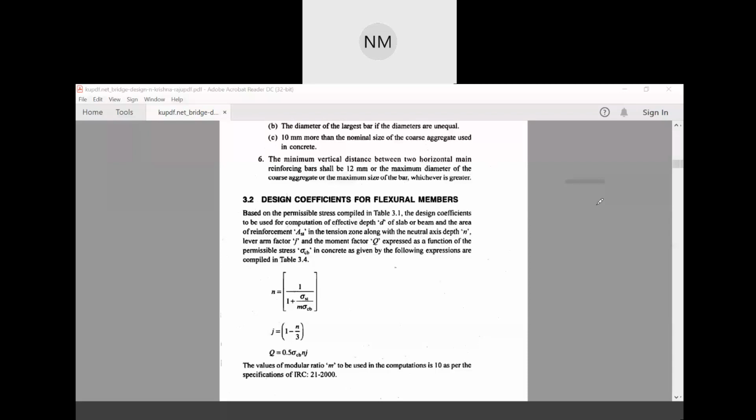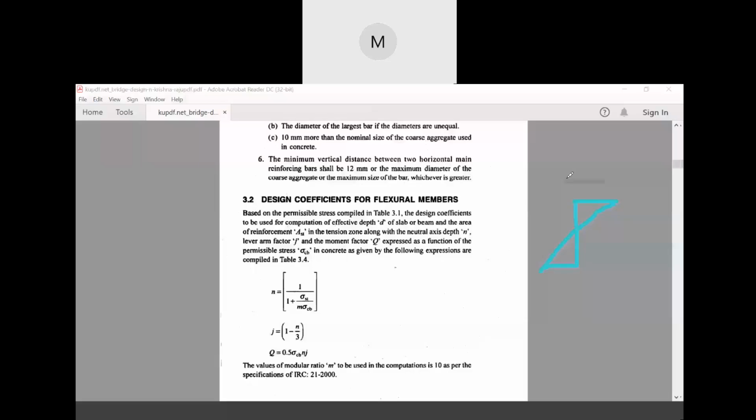So, in neutral axis, what happens? Suppose this is the beam, right? Now, neutral axis is an imaginary axis in a beam. Now, can anyone tell me what is in bottom and what is in top?